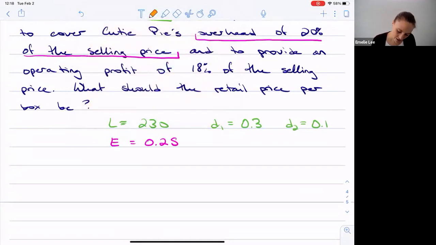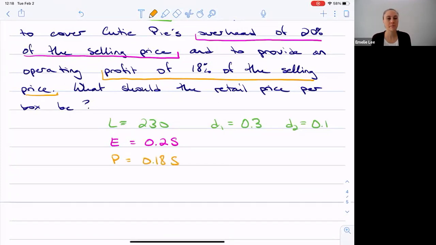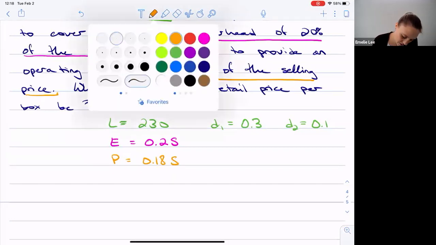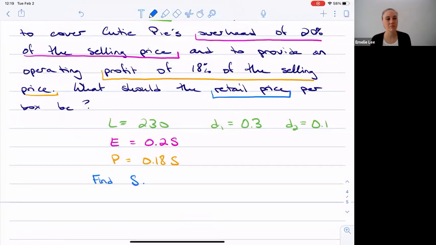And to provide an operating profit of 18% of the selling price, so the profit must be 0.18 S. And what should the retail price per box be? The retail price is S. Find S.